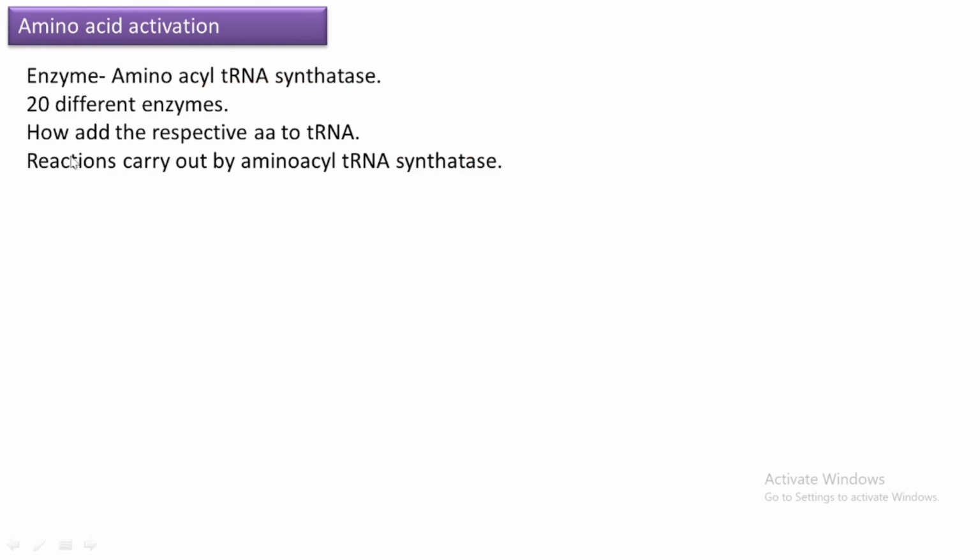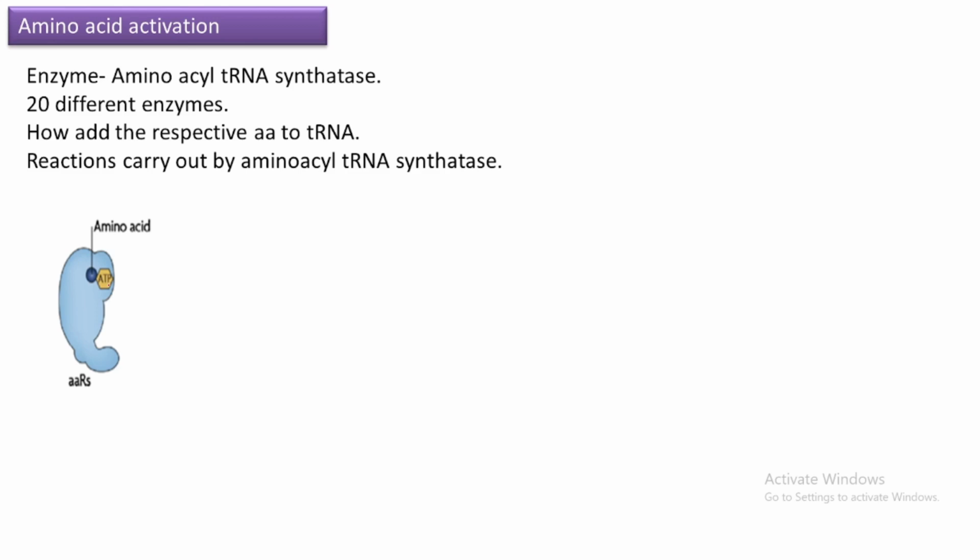Okay. Next are the reactions carried out by aminoacyl tRNA synthetase. This is the enzyme we know, and it adds the specific amino acid to its corresponding tRNA. How that addition takes place, I am going to explain. This is the enzyme, aminoacyl tRNA synthetase. It picks what? An amino acid. After this amino acid binds to the enzyme, it is activated by one molecule of ATP.